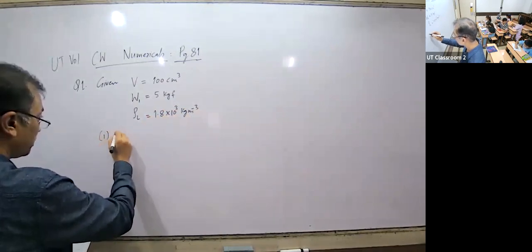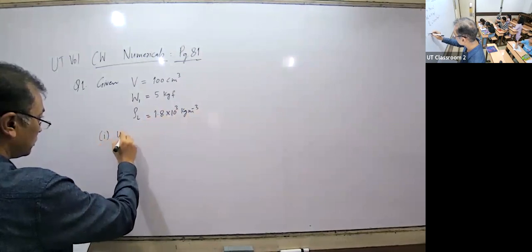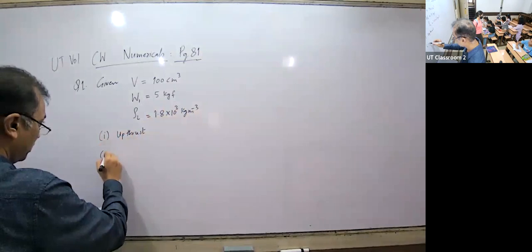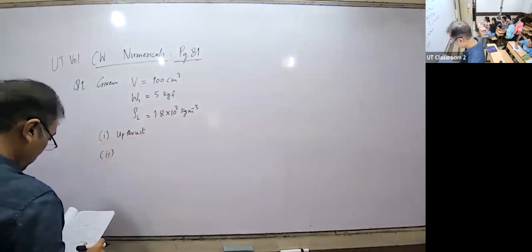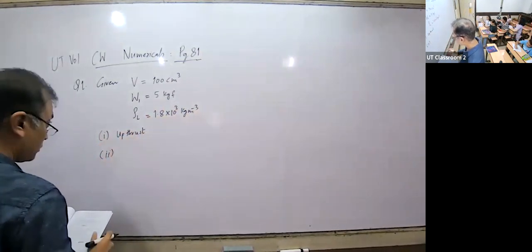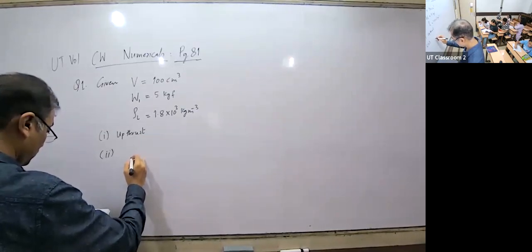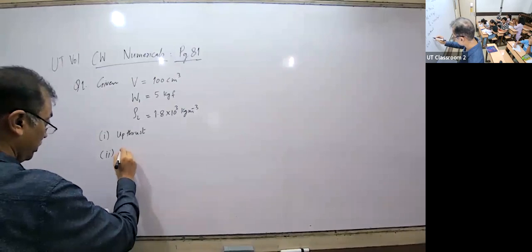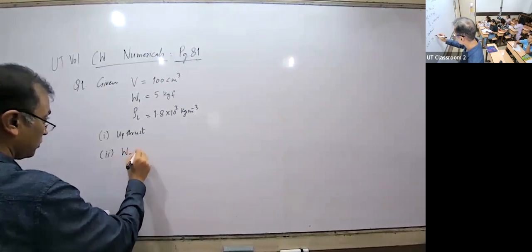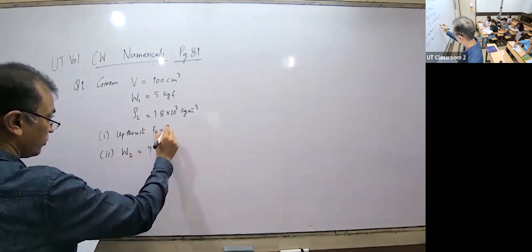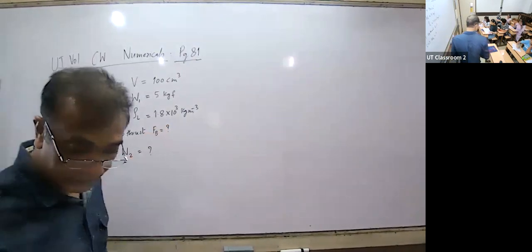First, you have to find the upthrust. Second, you have to find W2, the weight of the body in liquid. We'll find it.